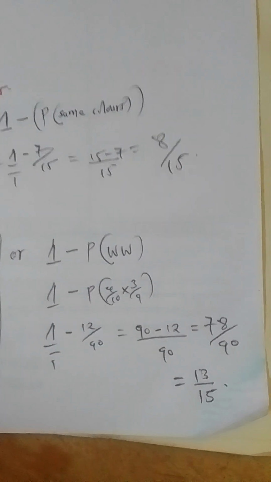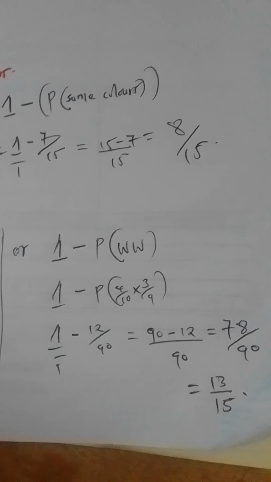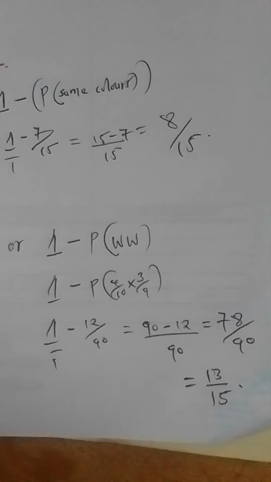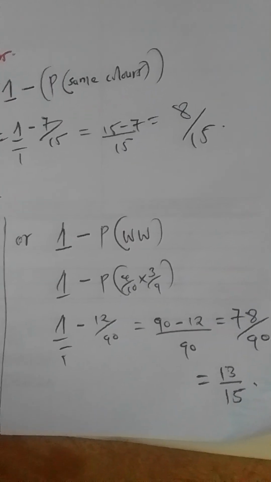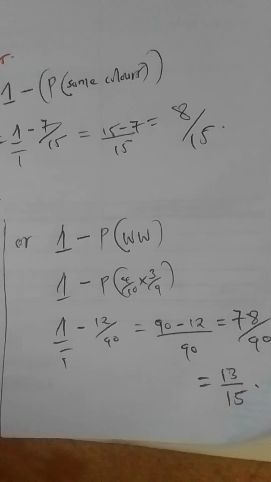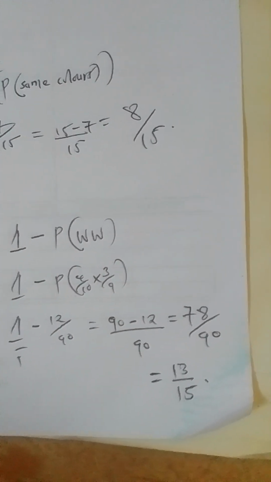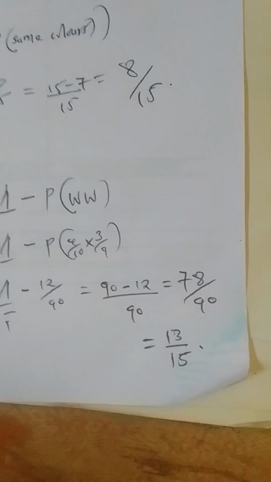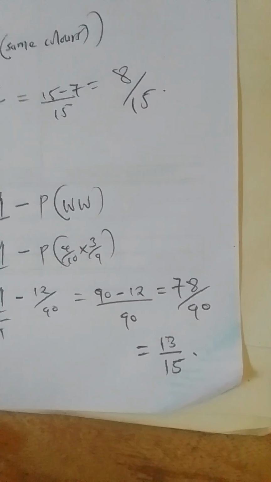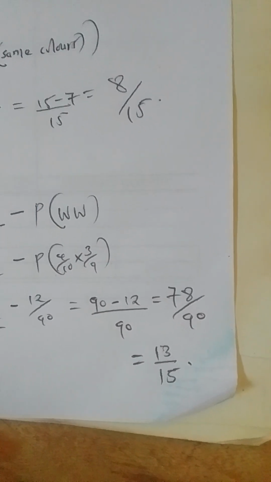And the probability of white white is given by 4 over 10 times 3 over 9, and that is equivalent to 12 over 90. Then 1 minus 12 over 90 is equivalent to 78 over 90, and that is the same as 13 over 15 in simplest form.